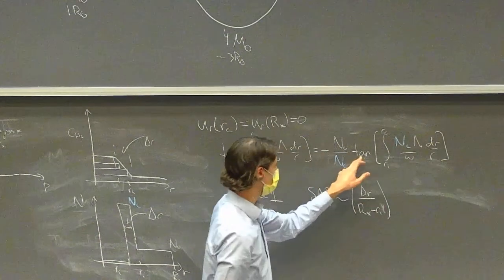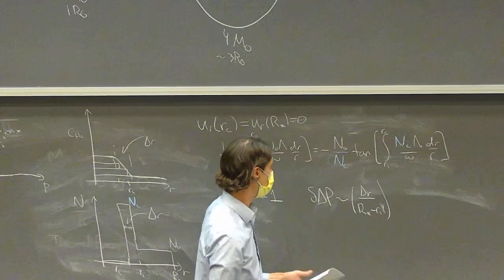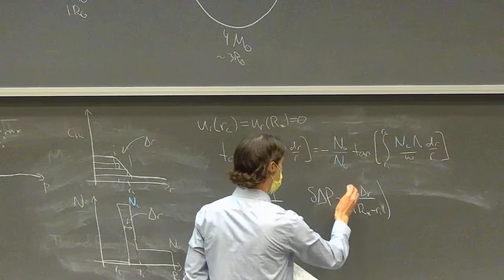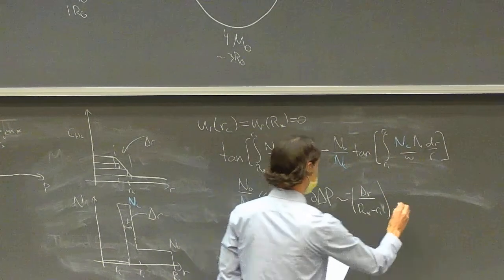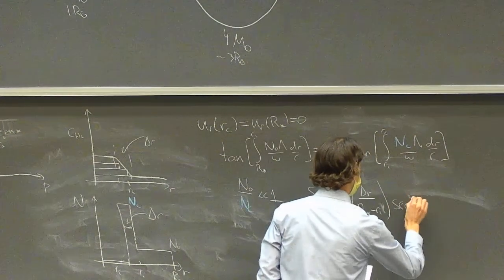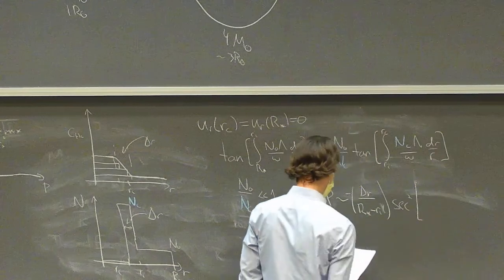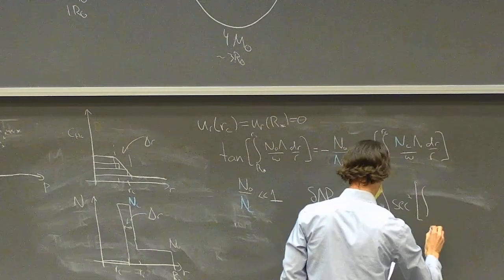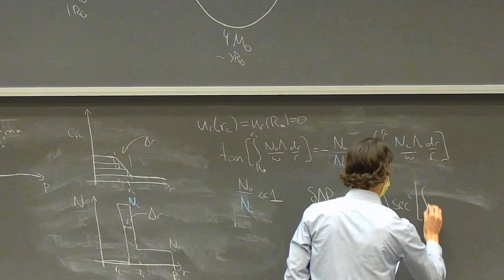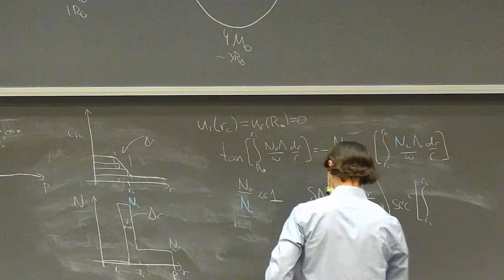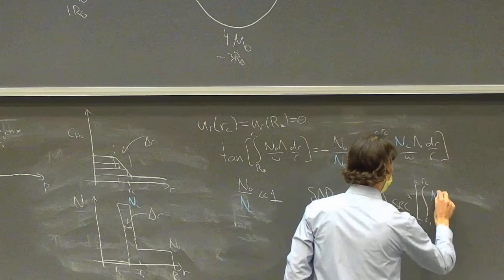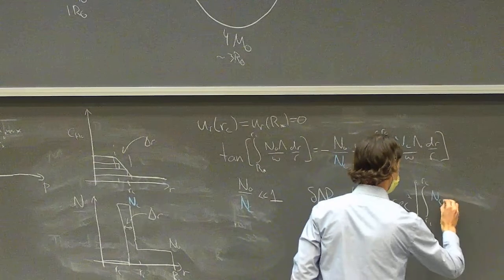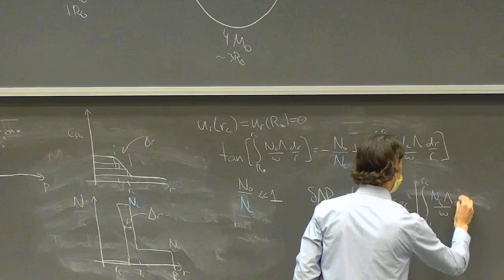And then basically you're going to take a derivative of this tangent. There's a minus out here, so you get minus, and then you end up with secant squared of this expression, the integral Ri to Rc of Nc lambda over omega dr over r.